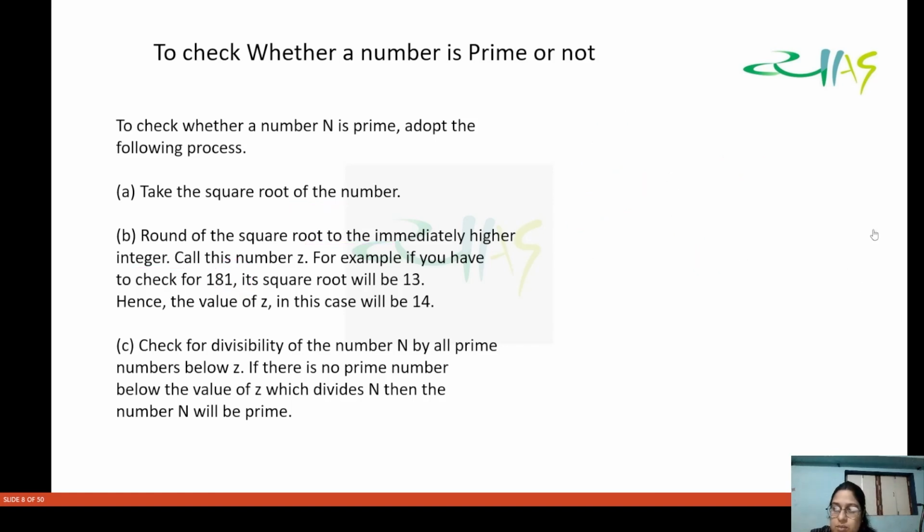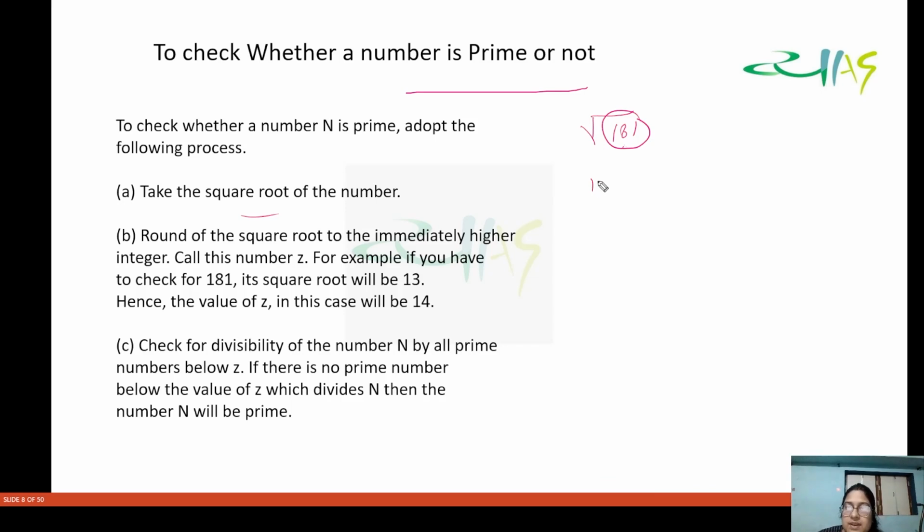Let me explain one more time. We are trying to find whether a number is prime or not. So to do that, the first step is to take the square root of that number. Okay, so see, if we are trying to find whether 181 is prime or not, what we have to do is take the square root of this number. Now see, to find the square root, we are not going to find the exact square root of this. We will just take some approximation.